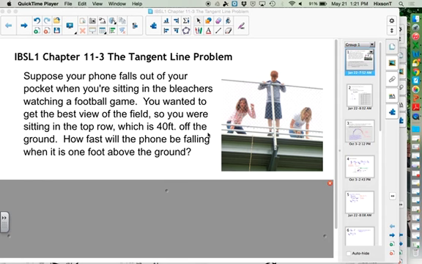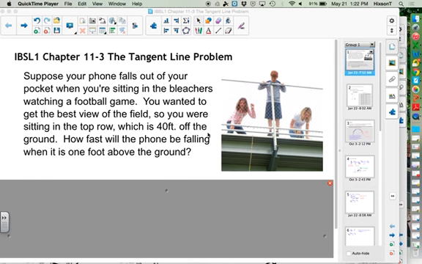We could get closer if we wanted to, but I just made it 1 foot. What's its speed when it hits the ground? 0, because it just hit the ground and the ground stopped it. So that's the problem. We can't look right on the ground, but we're going to look at it when it's 1 foot off the ground. And of course we could get closer and closer with shorter heights. It is going to be approaching the ground.